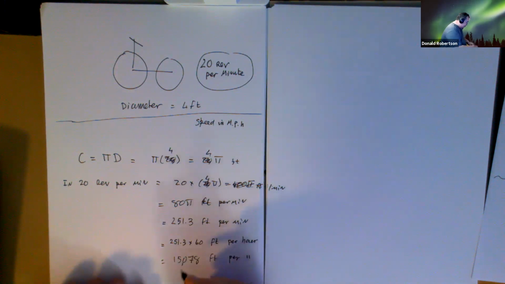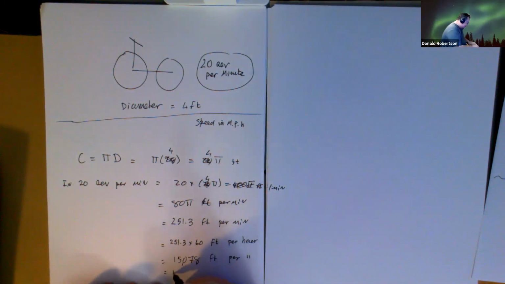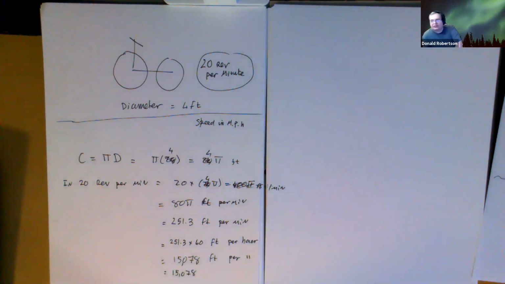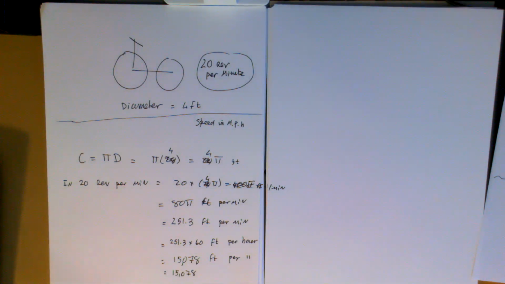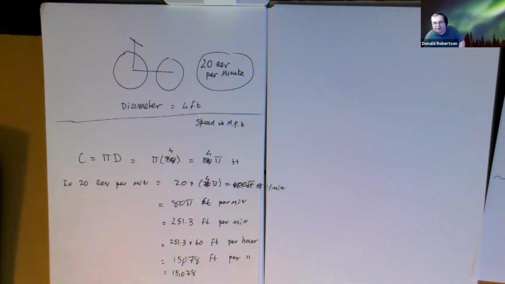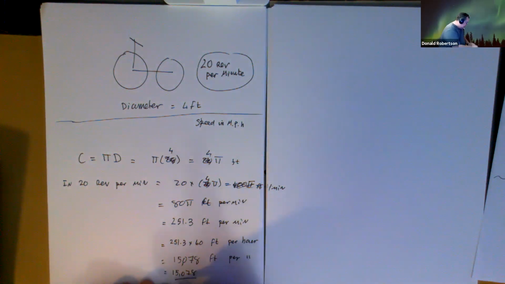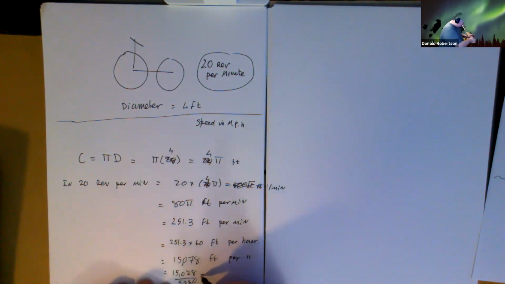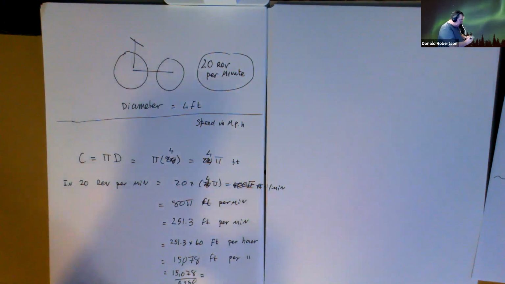Okay, almost there. How many feet are there in a mile? Not like 5,020. 5,280. So if you divide this by 5,280, you will get the answer in miles per hour.